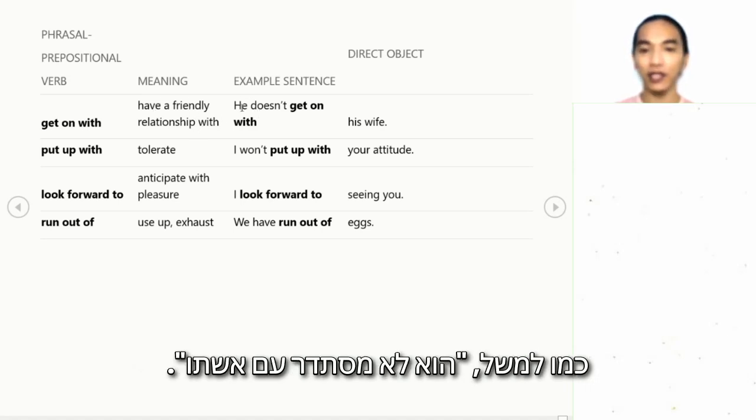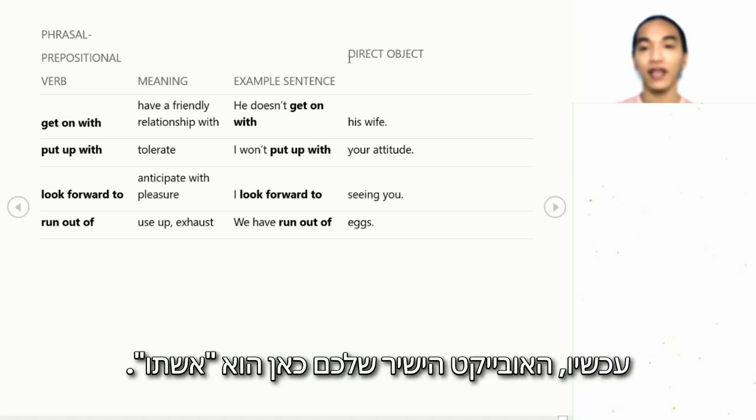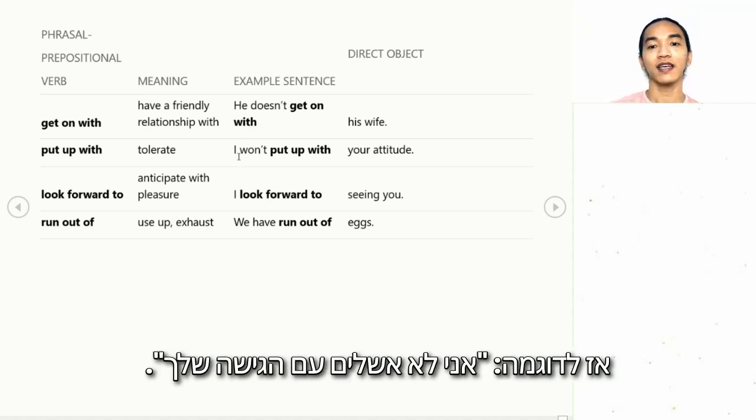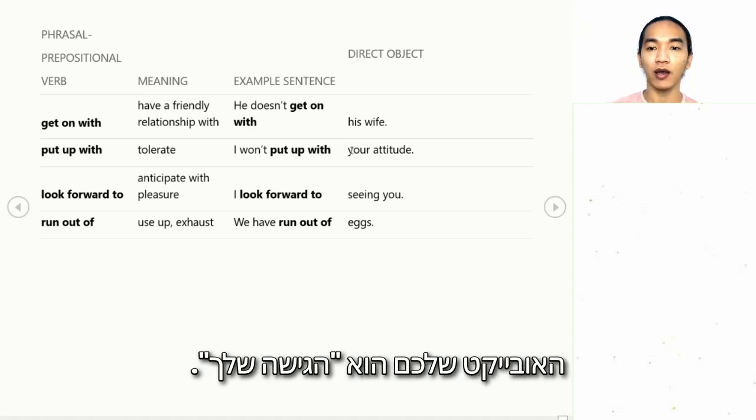For example, he doesn't get on with his wife. Your direct object here is his wife. Next, put up with means to tolerate someone or something. For example, I won't put up with your attitude. Your object is your attitude.